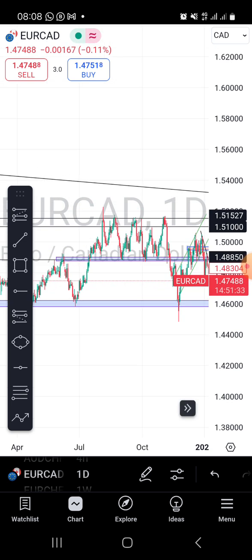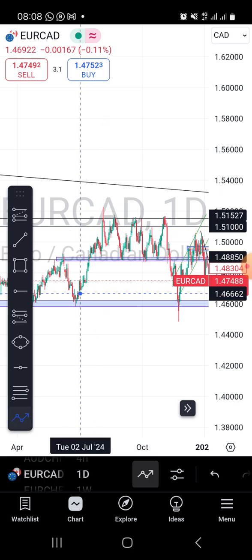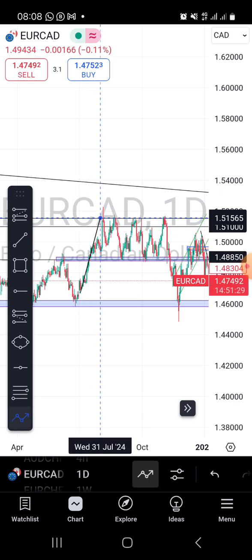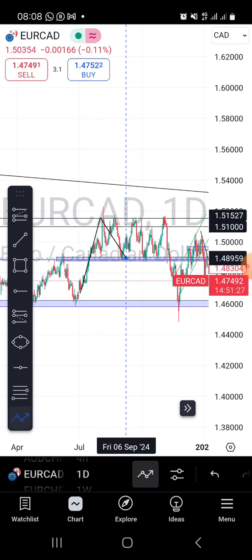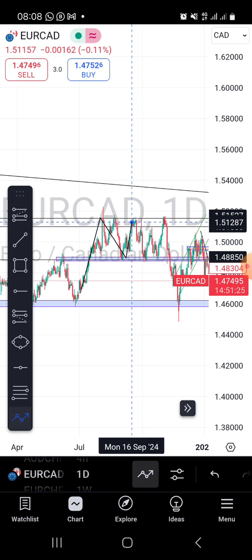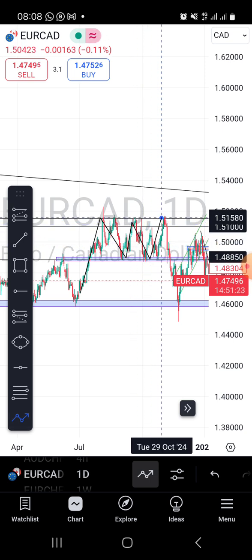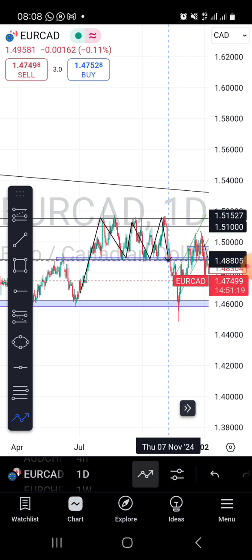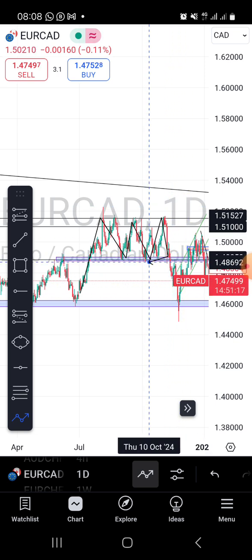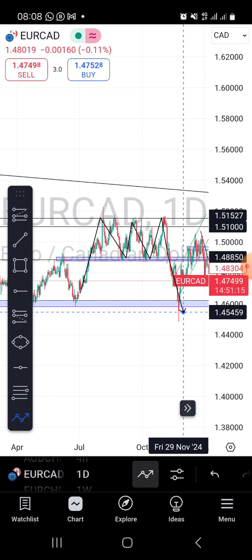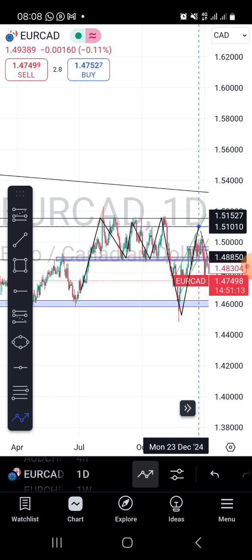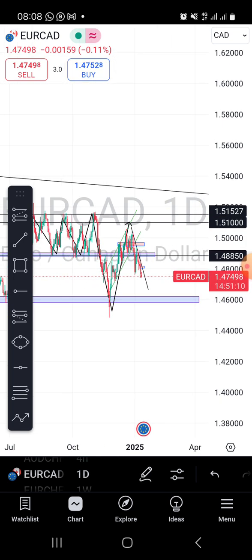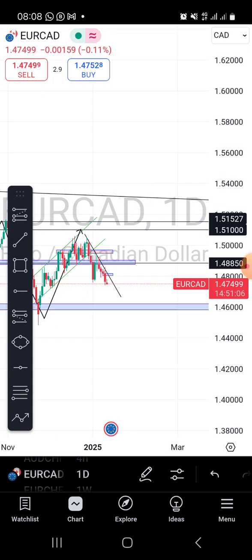It moved from this particular point here, then here, then the ranging market. It broke this support level here, then it became a resistance too, then went back to retest it. So now we are seeing a movement to the downside.